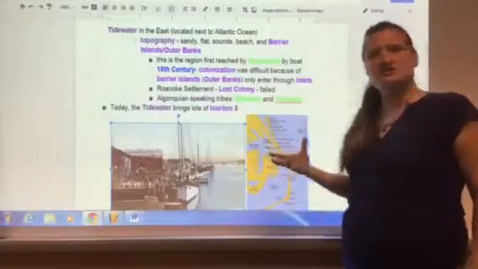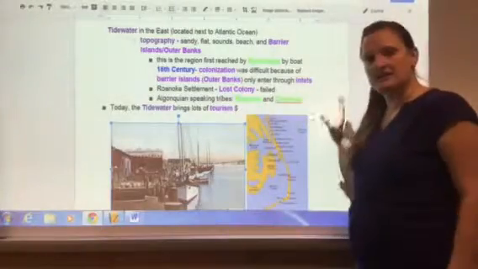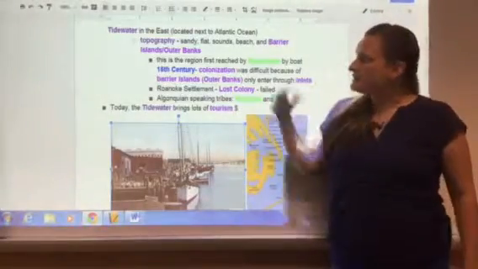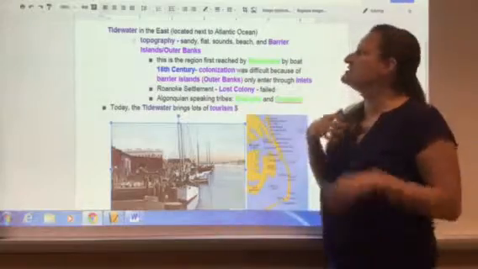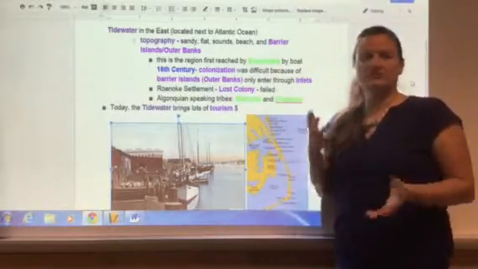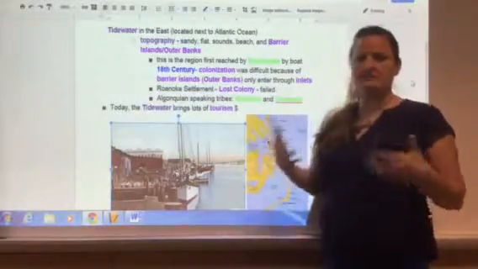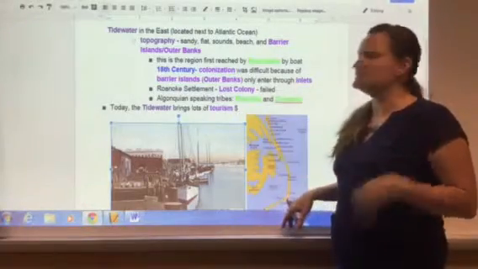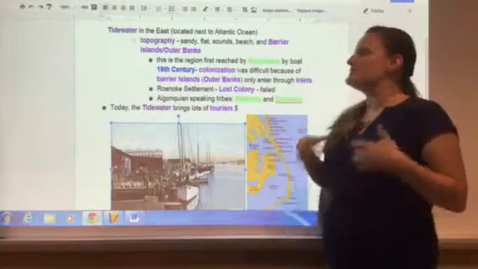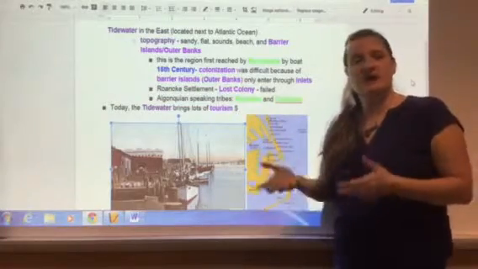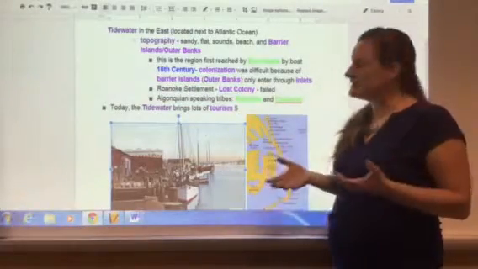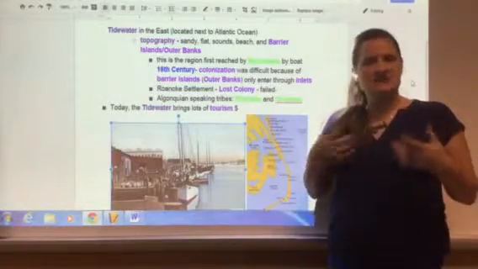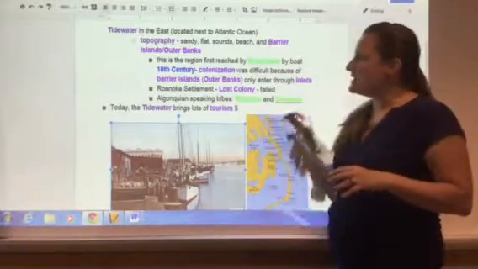Okay, our first region that we're going to talk about is the tidewater in the eastern part. The topography: sandy, flat, sounds, beaches, not very good for large-scale farming, although of course some people did small subsistence farming. And you get the barrier islands, which we call the Outer Banks. This region was the first to be reached by European settlers when they colonized during the 16th century, the 1580s.